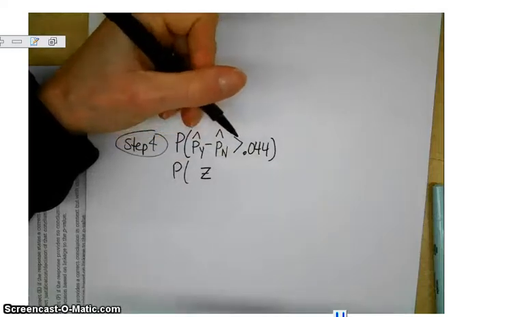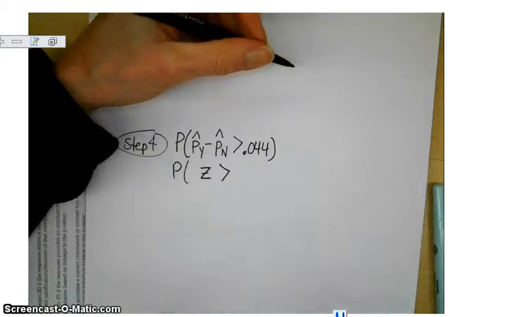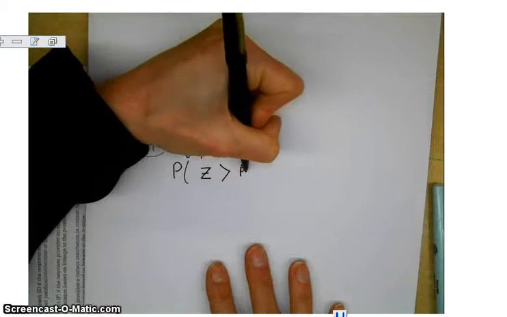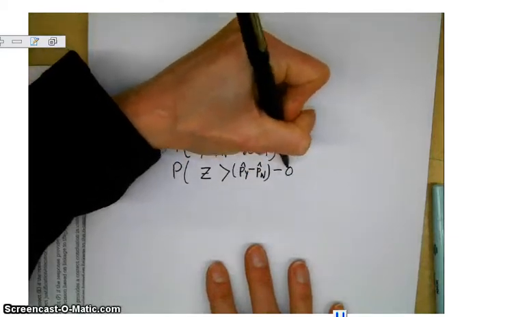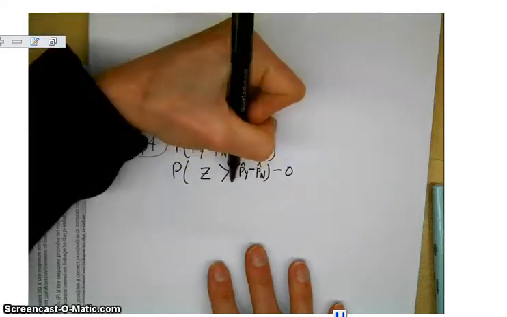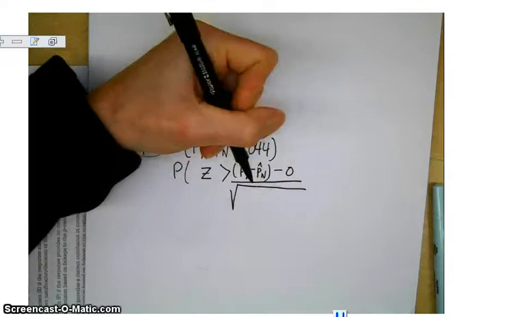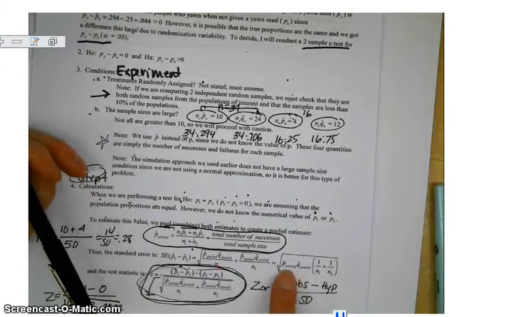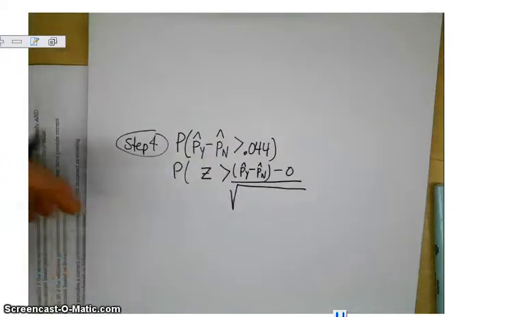And then I would say, I'm going to change that difference into a z-score. This is a z-test because I'm dealing with proportions. So what's the probability that z is greater than, and I'm going to write my formula down. p hat of the yawn seed minus p hat of not yawn seed minus 0, which is my hypothesized difference, divided by the square root of. Another way to write this formula, instead of having to write the p hat and q hat pooled on top of each part, is p hat pooled, q hat pooled times the whole quantity 1 over 34 plus 1 over 16.